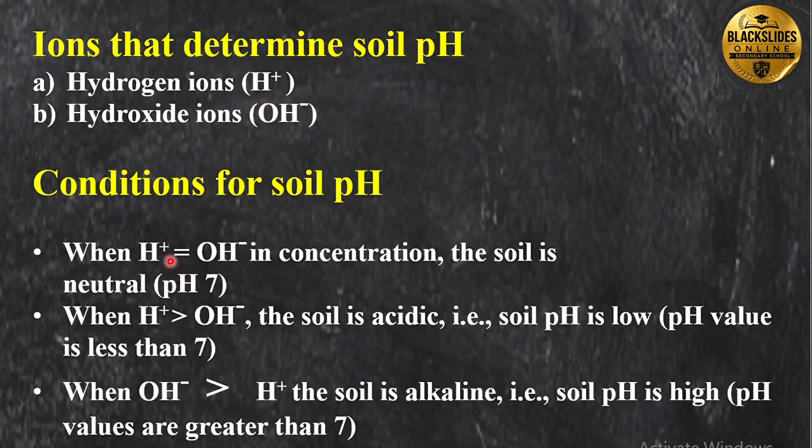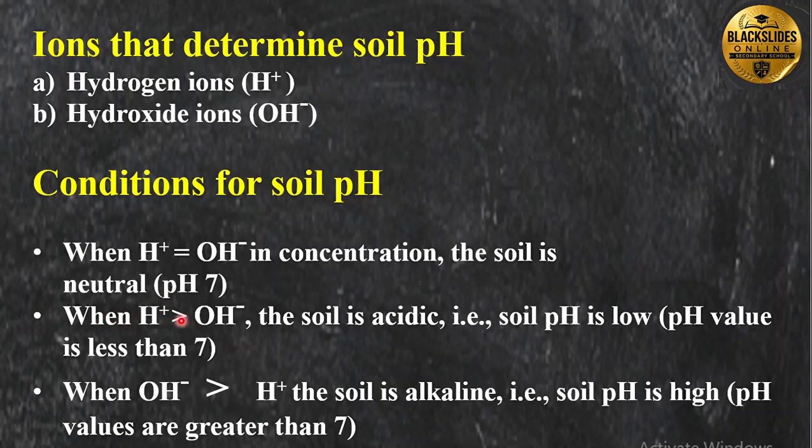When the number of hydrogen ions is equal to the number of hydroxide ions in a soil, then such a soil is considered to be neutral. The neutrality is coming in because the number of positive charges is going to balance the number of negative charges present in the soil sample, making the soil neither acidic nor alkaline.